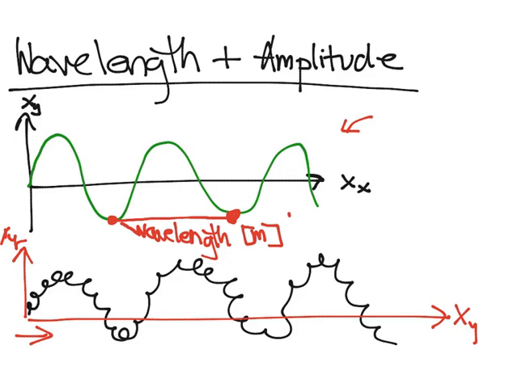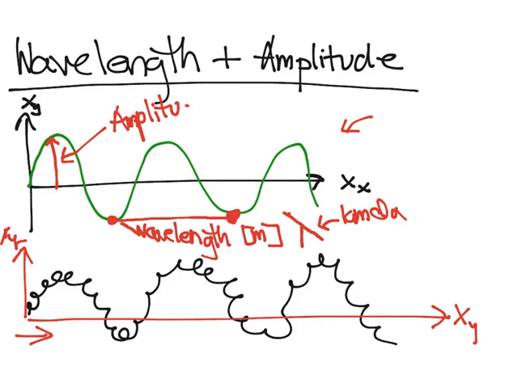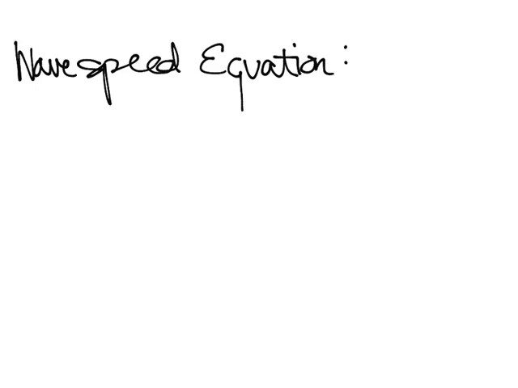The symbol for wavelength is this Greek letter called lambda, and it looks kind of like a T where the top is sideways. The other term is amplitude. The amplitude is half of the height of a wave.